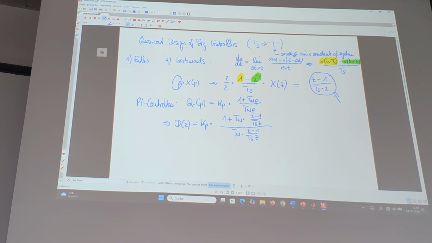And then finally we can eliminate the double fraction. If we do that, we get Kp times 1 plus Tn times z minus 1.